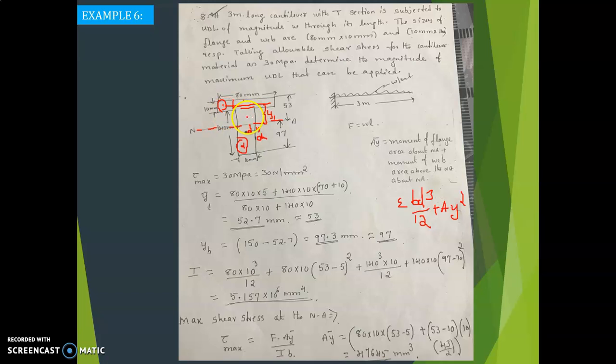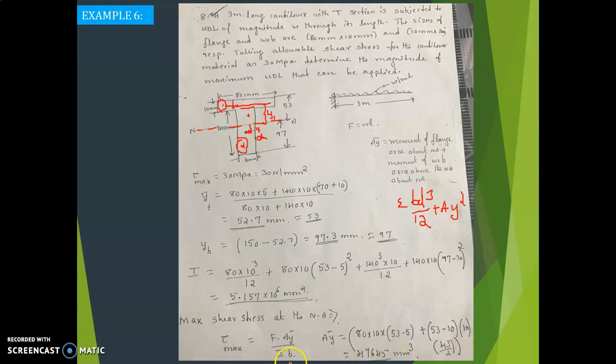What is y bar? The distance from the CG. CG lies here, to here, the neutral axis. This portion is 43 now, so 43 divided by 2 is the distance from here to here, y bar. Okay, so divided by 2, when you simplify, you get 47,645.